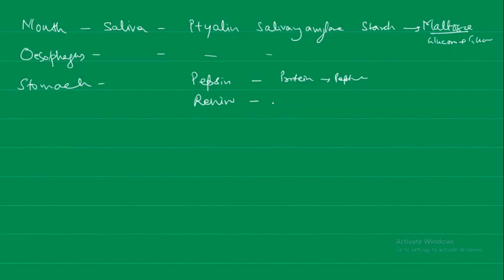Renin will break down the milk protein, that is casein, into paracasein, which is the broken down product of the milk protein casein. And you already know that in the stomach it is a highly acidic pH.